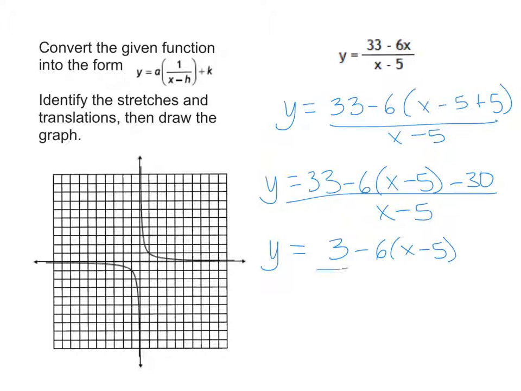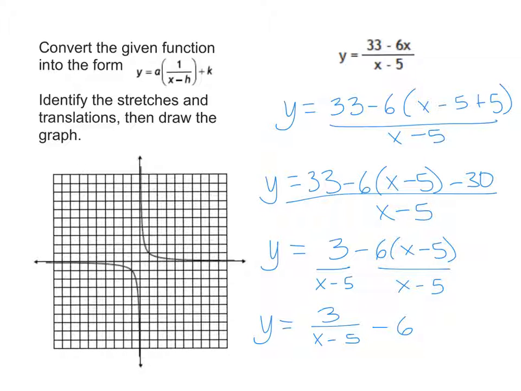And that's all over x minus 5, but I'm actually going to put each term separately over x minus 5. When I simplify that a little bit more, this one is going to stay as a 3 over x minus 5, but the other one just turns into a negative 6.